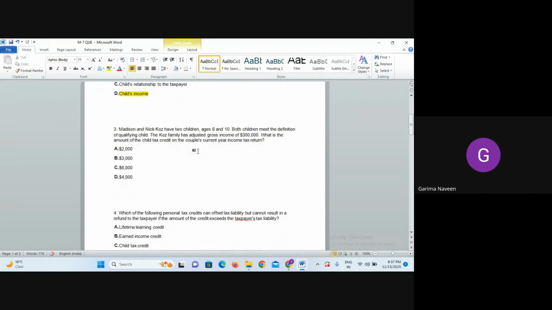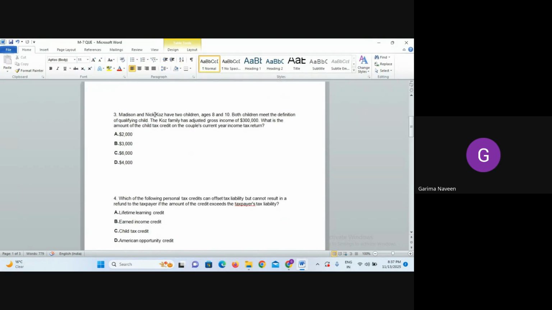Okay. Next question is: Madison and Nick Cause have two children, ages 8 and 10. Both children meet the definition of a qualifying child. The Cause family has adjusted gross income of $300,000. What is the amount of child tax credit on the couple's current year income tax return?